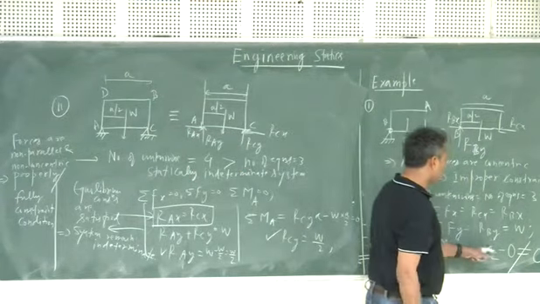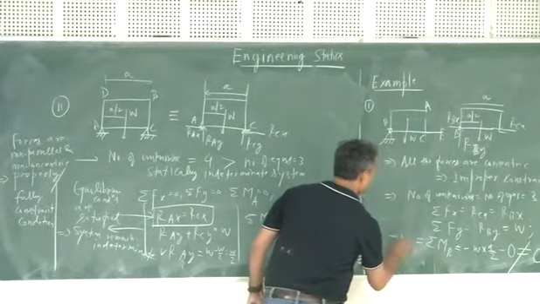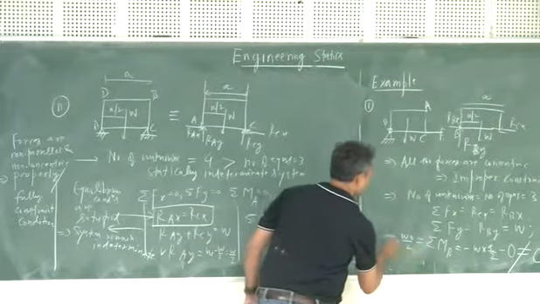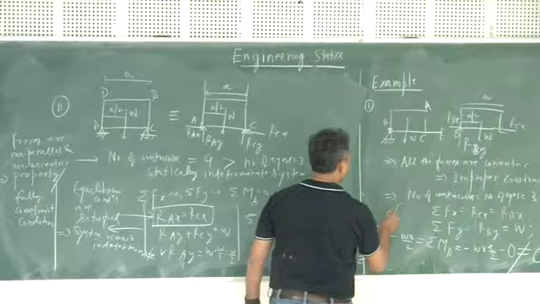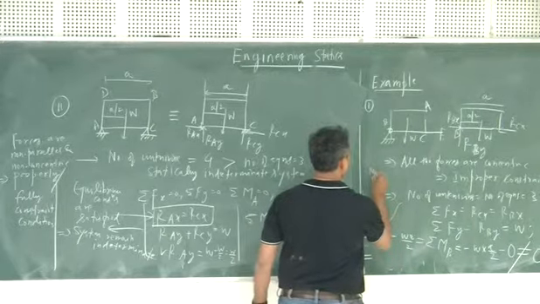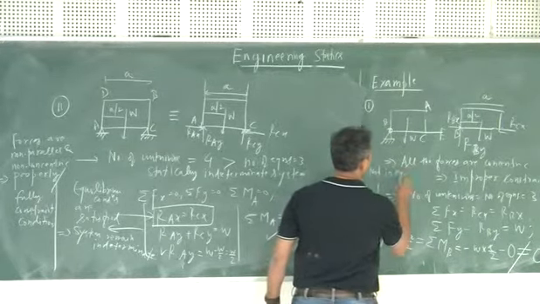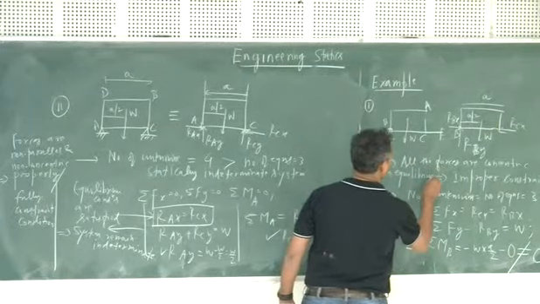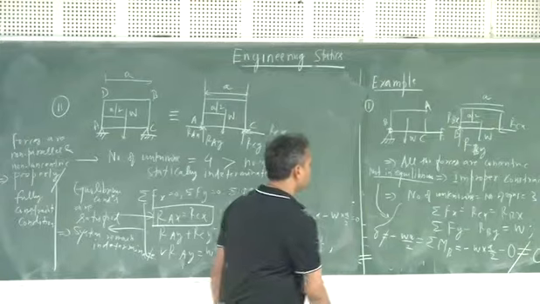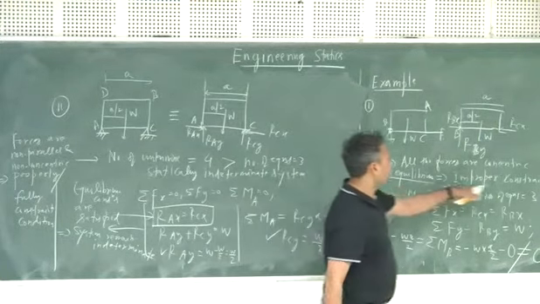W is minus W by 2 minus WA by 2. Okay. So this system is improperly constrained.